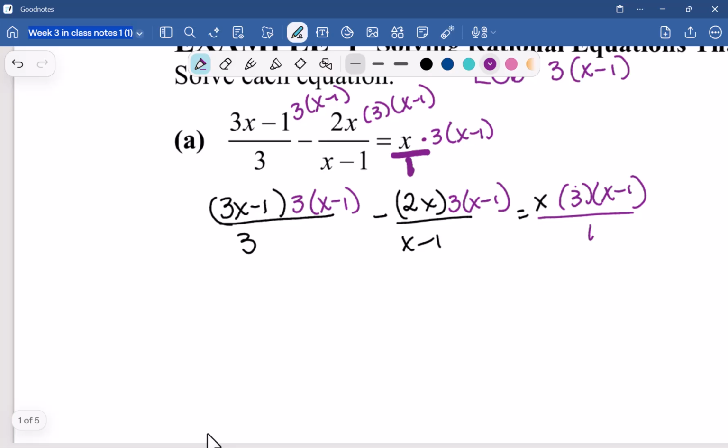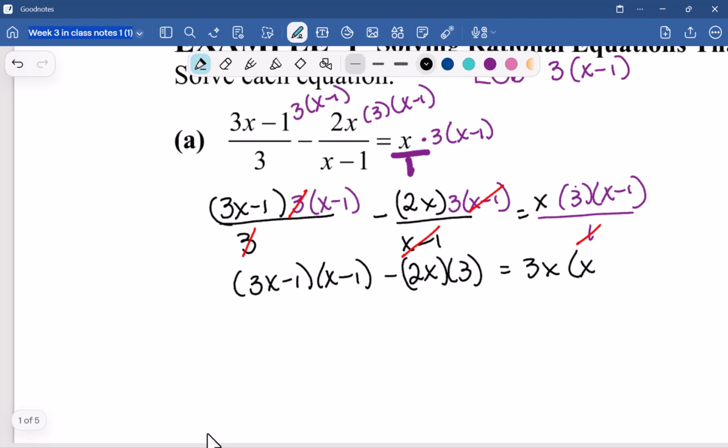So next step is to cancel anything on top and bottom that is the same. So the 3's cancel, the x minus 1's cancel, and the 1 cancels with nothing, but it's just not understood to be there. So what I have is 3x minus 1 times x minus 1 minus 2x times 3 equals 3x times x minus 1.